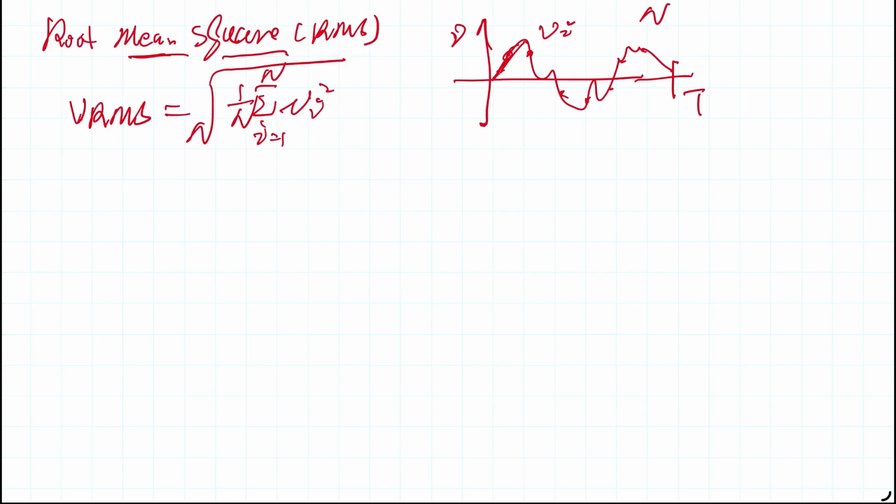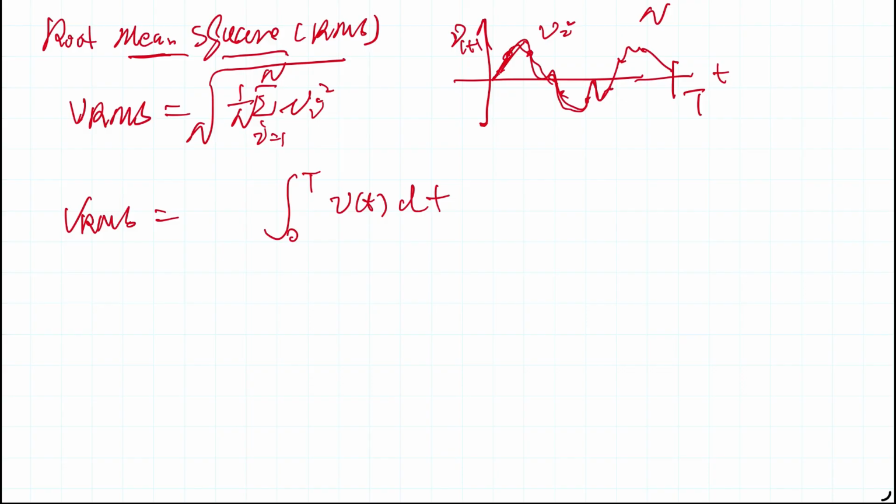If we look at this in a continuous domain, we can generalize this formula: RMS equals, the summation basically turns into an integral. The integral is over one period, from 0 to T, of the signal v(t), which changes with time t, the time axis, and we integrate over dt.